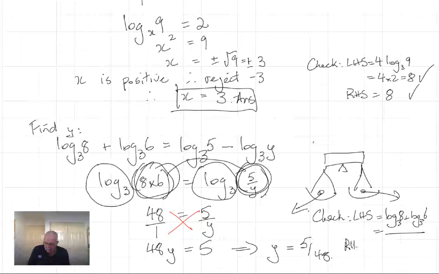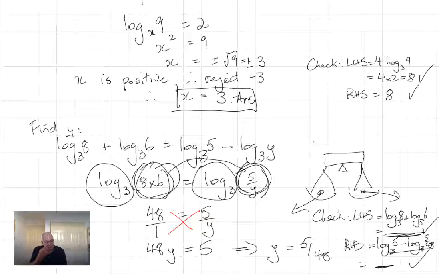Then the right hand side is log 5 to base 3 minus log, and we're saying y is 5 on 48. When you do that on your calculator, hopefully we'll get the same answer as we got up here. And there's our answer.